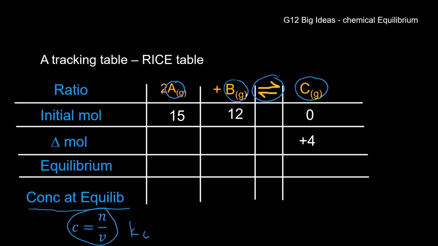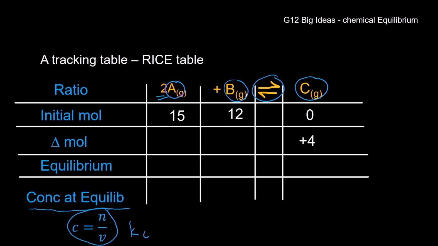You can see I have 2 in front of the A. So that balanced reaction is going to give me the ratio at which the reactants react to form the product, and the other way around, the way that the product then reacts to form the reactant for the reversible reaction.